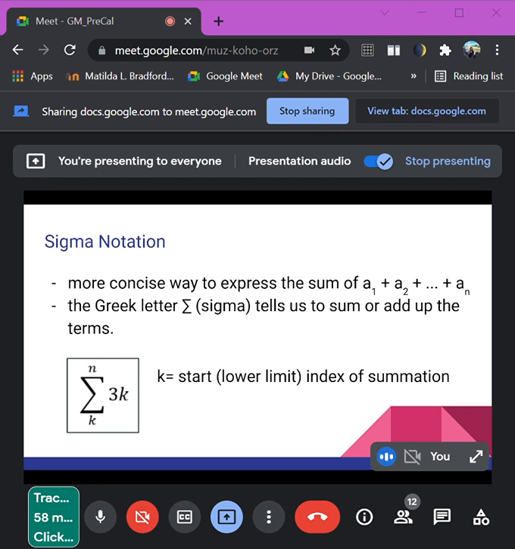First 5 terms man. So imong lower limit ato class, imuhang k, that is 1. And then for your n, that is the end or the upper limit. So di ba 1 until 5 man kay first 5 terms. So imong n dira is 5. And then imo na siyang i-substitute ang imuhang mga values sa imuhang given nga equation. Mano siya imong equation.